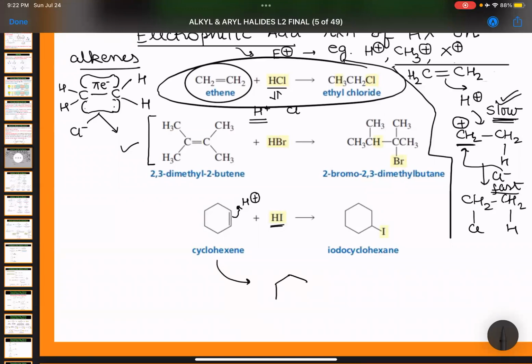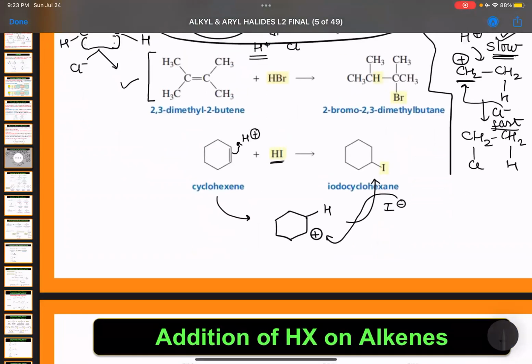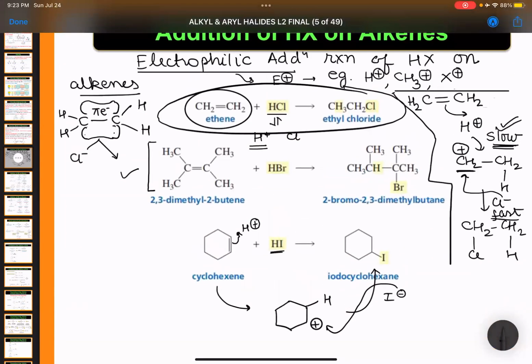This is the carbocation intermediate. This is the slow step, the attack of H plus, and then the I minus comes and attacks the carbocation. Is it clear? Yes, sir. Okay.